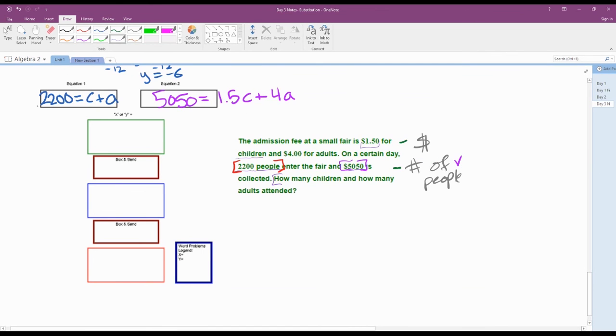Okay, so I got my two equations, and now I need to solve for one of them. So my x is C, and my y is A. So we got to solve for x or y for one of these.